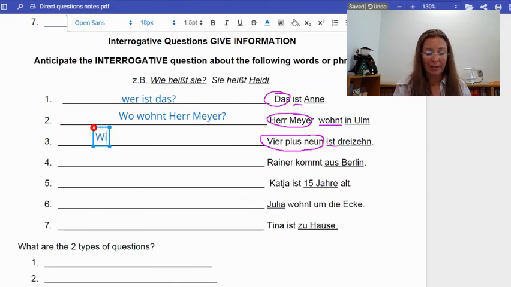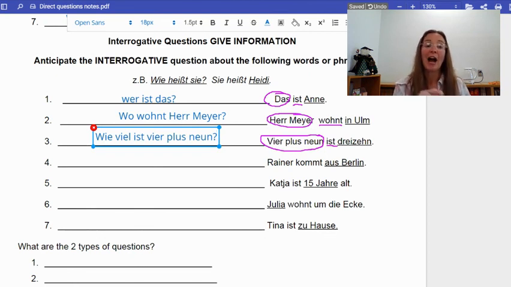So how is wie. You remember how many or much is viel, spelled V-I-E-L. Remember the V makes the sound, f. Viel, wie viel. Look over at my, I located the verb and the subject. The verb is ist, and my compound subject is 4 plus 9. So my question, wie viel ist 4 plus 9? How much is 4 plus 9?